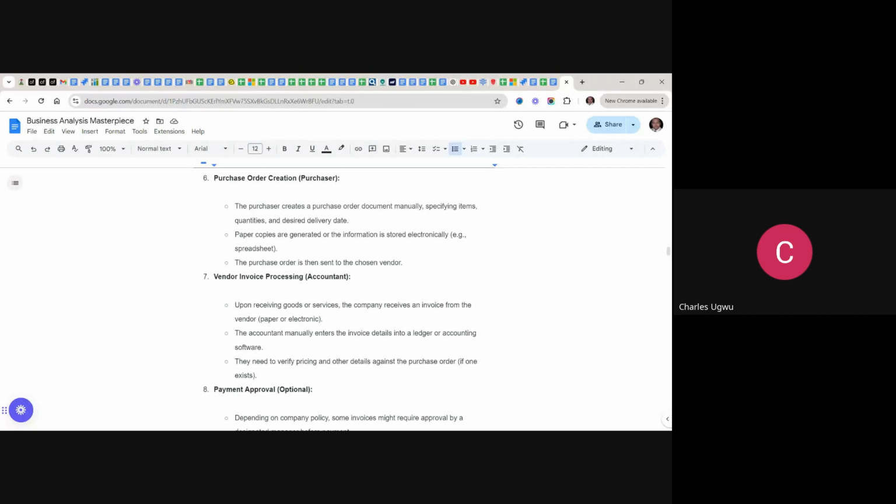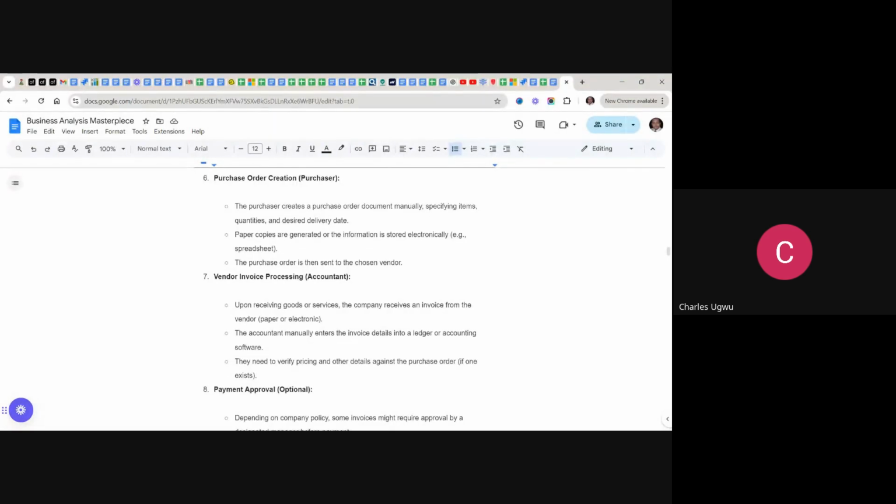Now this order has arrived and the company needs to pay. And who is going to authorize this payment? The accountant. The invoice is either paper or electronic.